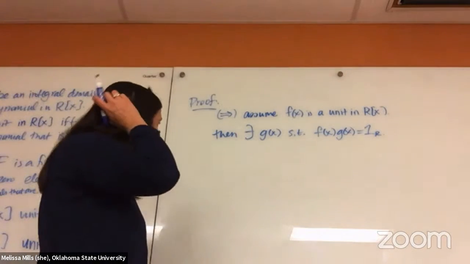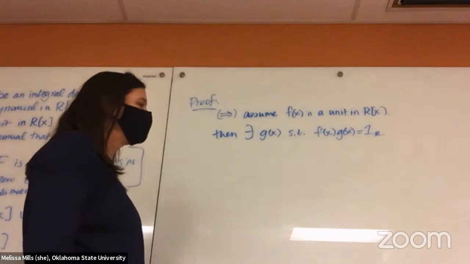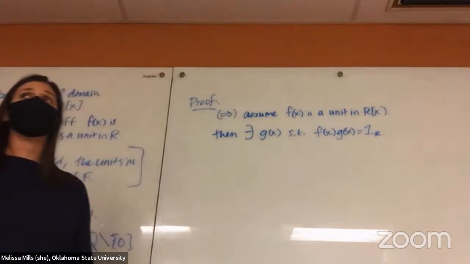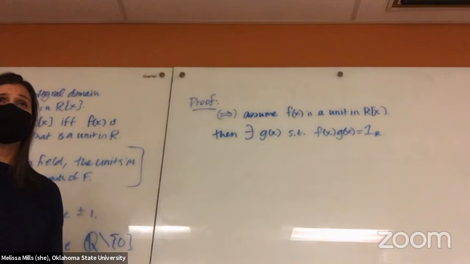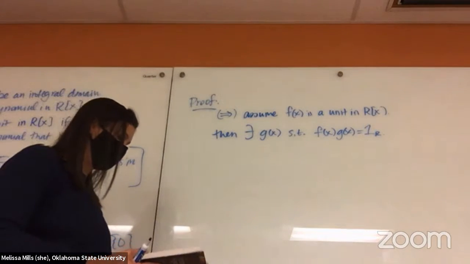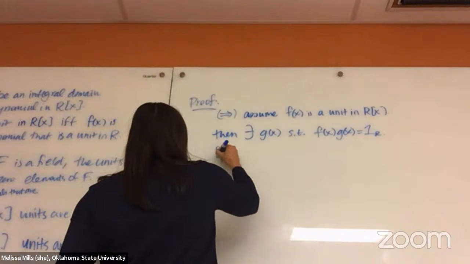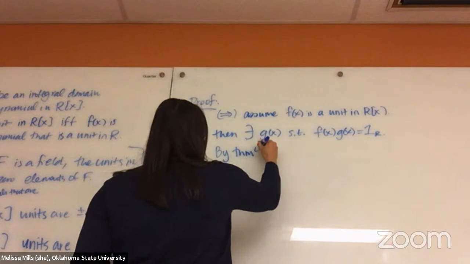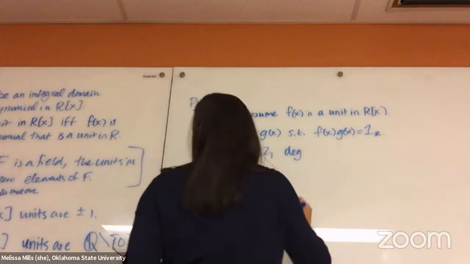Okay. So I've got this thing here. Well, what am I going to use? What's the only thing we've done today? This bit about degrees, right? So I have that f times g. By theorem 4.2, wait, do I know that?